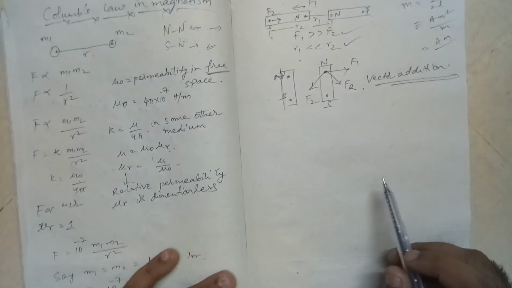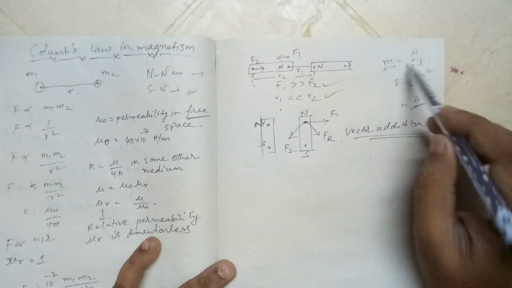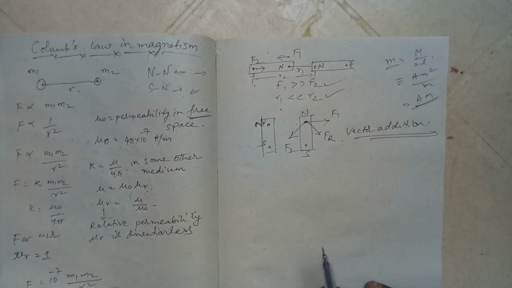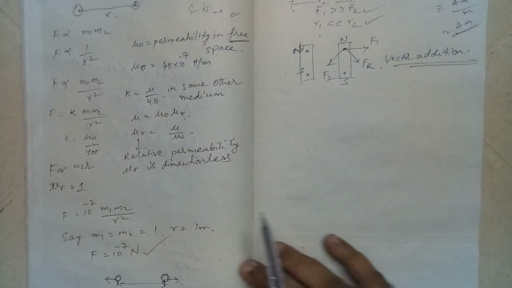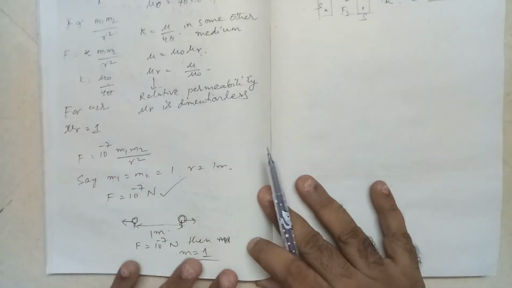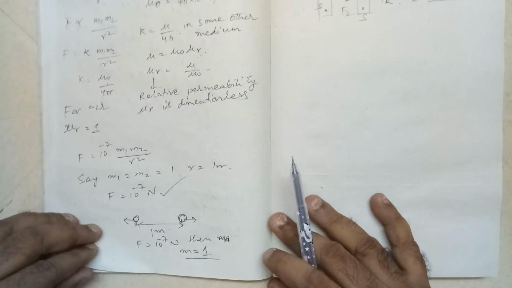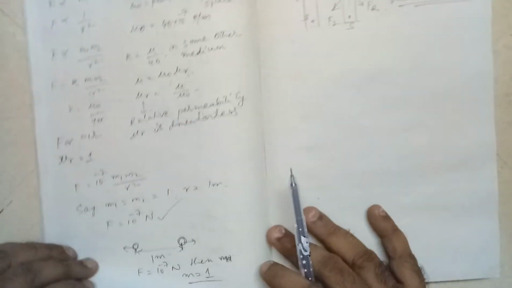This is the SI unit for pole strength. Another unit is Weber, Wb. So how do I decide that the pole strength is 1? By following this explanation, that they should experience a force of 10 power minus 7 newtons.